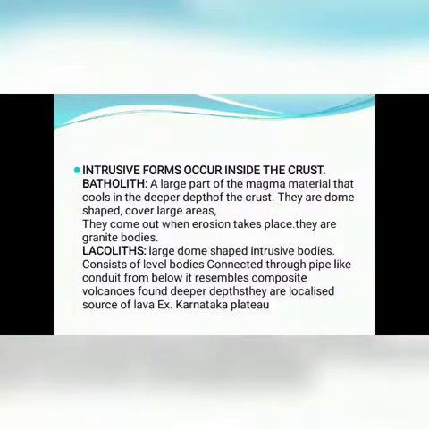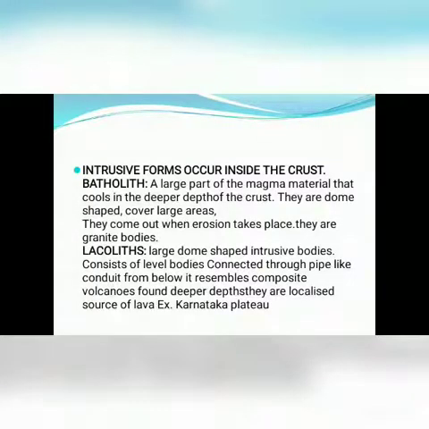Large dome shaped intrusive bodies consist of level bodies connected through a pipe like conduit from below, resembling composite volcanoes, found at deeper depth, and are a localized source of lava.